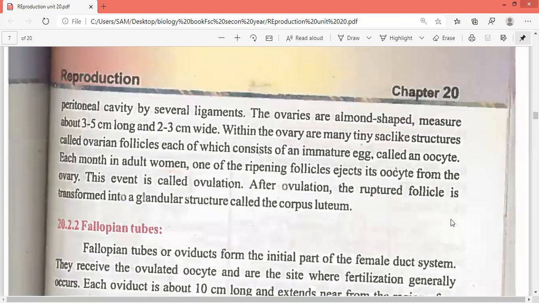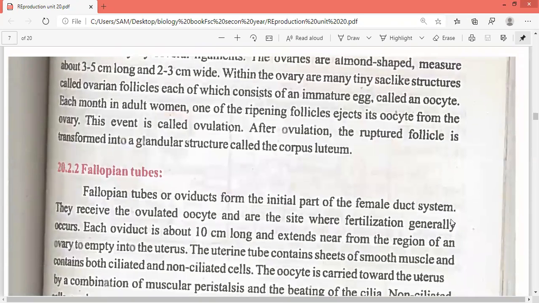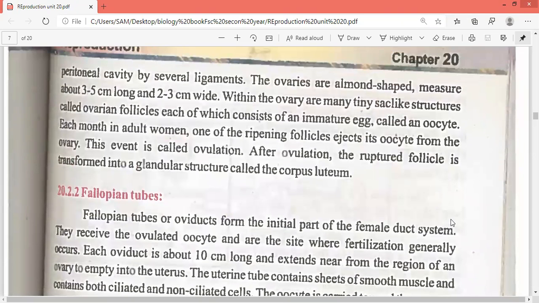So, what is a ligament? It is bone to bone or muscle to bone. You have to answer in WhatsApp, okay? The ovaries are almond shaped, measuring about 3 to 5 centimeters long and 2 centimeters wide.